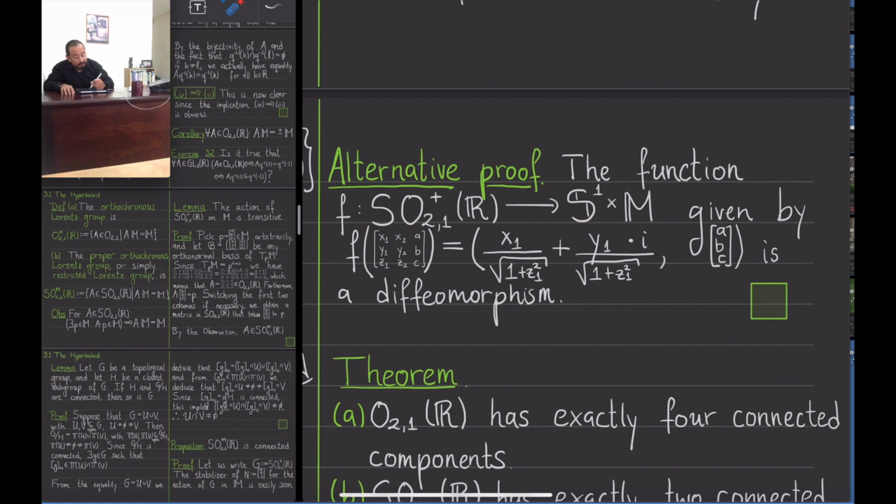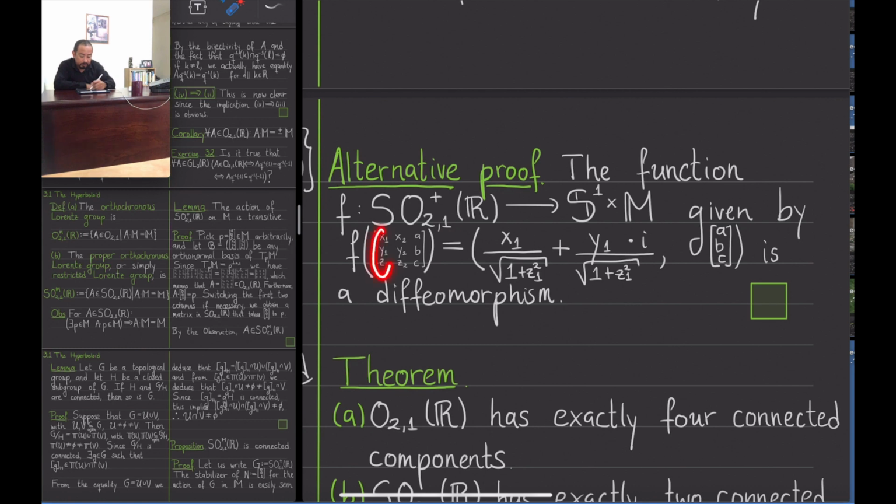And then look at this element of S1, and that's it. We know that these are orthogonal, and that we have determinant 1 for the whole matrix. So those two facts make it so that this determines this one.